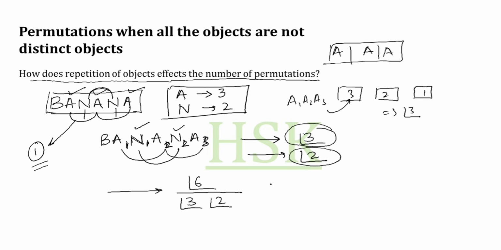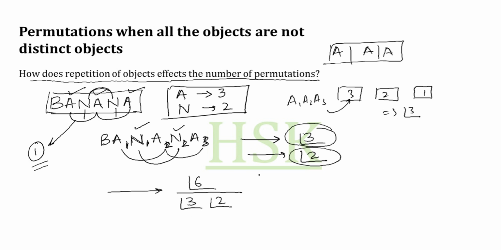Whenever objects are repeated and we form a permutation of repeated objects, the number of arrangements they can form if they were distinct has to be divided from the total number of arrangements to get the exact number of arrangements.